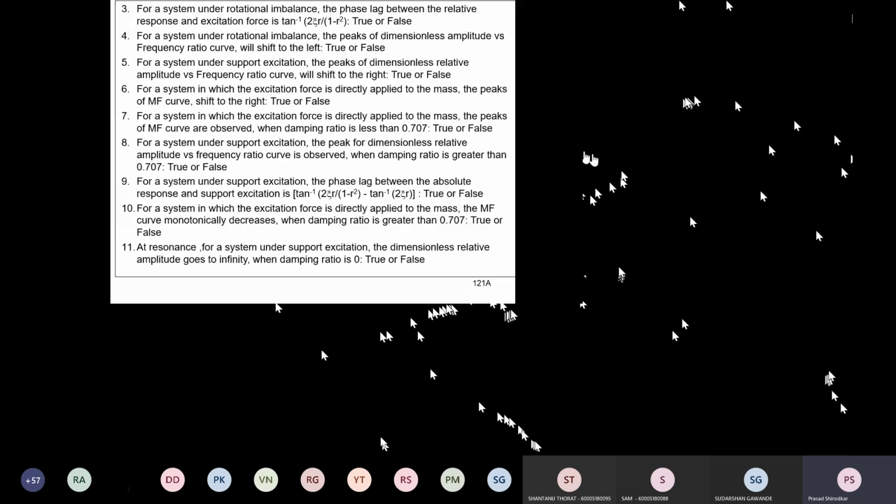All right, done. Those who are done can let me know so that I can switch to the next page. Can I switch to the next page? Sir, a couple of minutes. You can just take a snapshot of this screen.